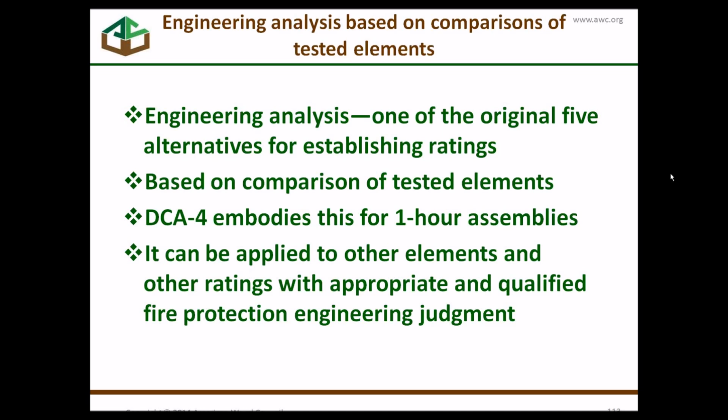But it can be applied to other elements and other ratings with good, appropriate, and qualified fire protection engineering judgment. The point is that if you don't have a tested assembly, you can't have an engineering analysis for establishing fire resistance.